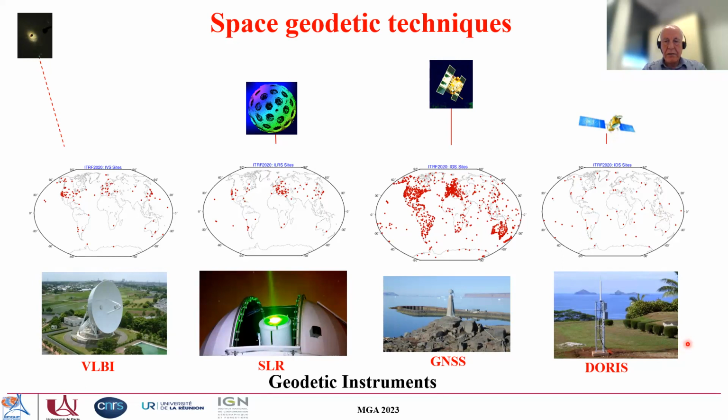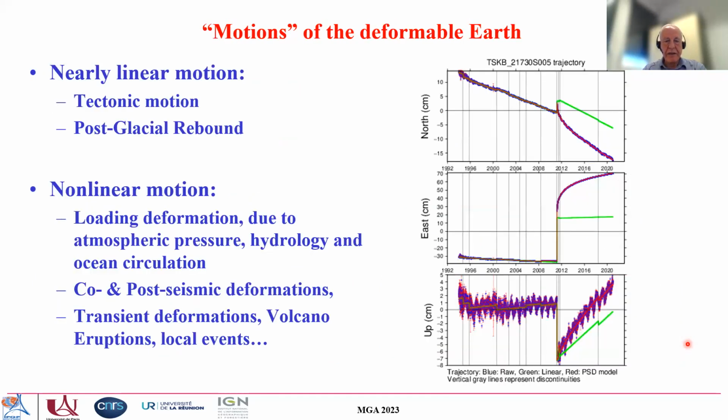And in terms of motions of the Earth that is deforming, we have nearly linear motion, tectonic motion, post-glacial rebound, and non-linear motions like those induced by loading deformation due to atmospheric pressure, hydrology, and ocean circulation. We have also co- and post-seismic deformation, as we see here in this example, transient deformation, volcano eruptions, and local events.